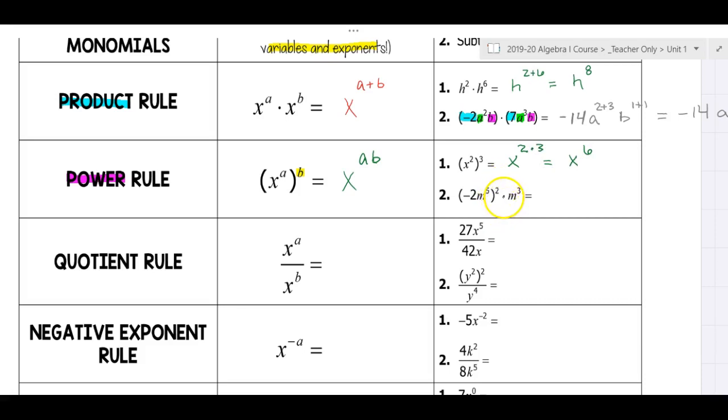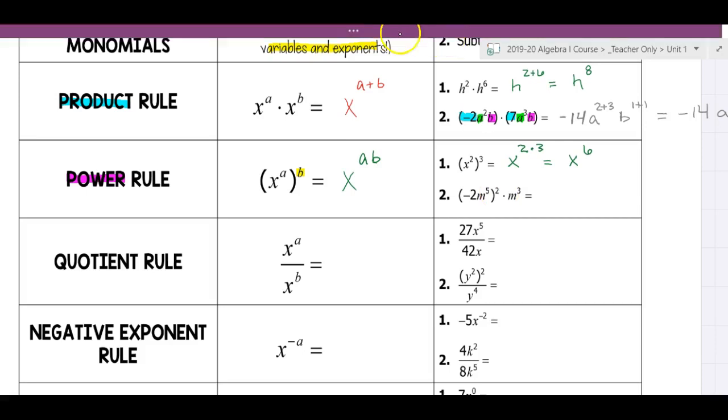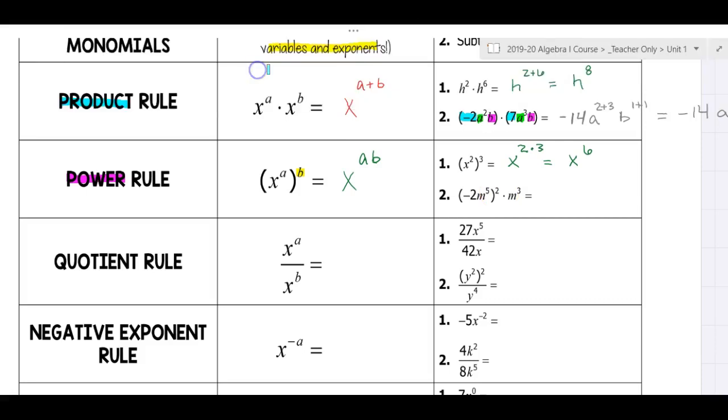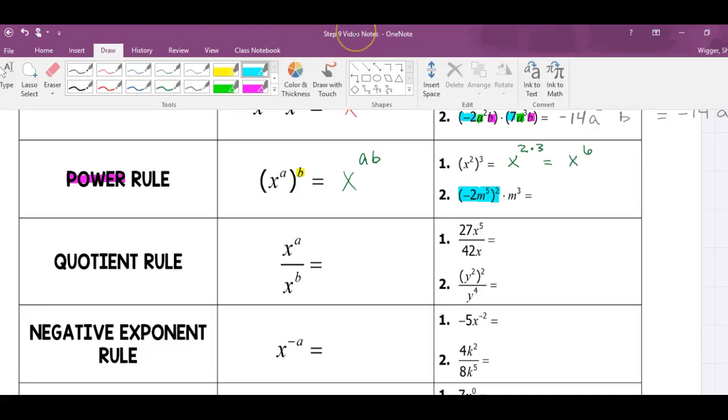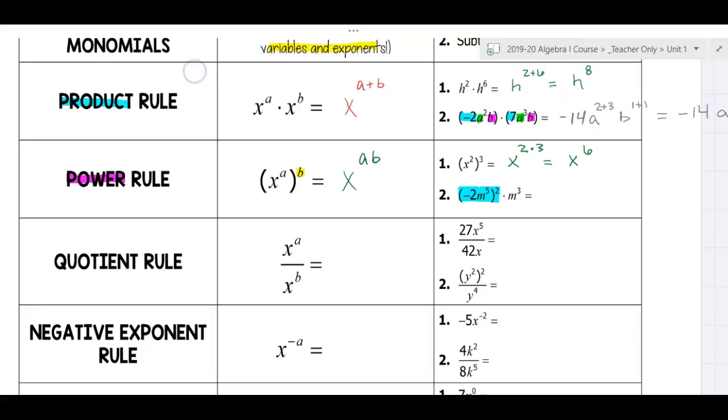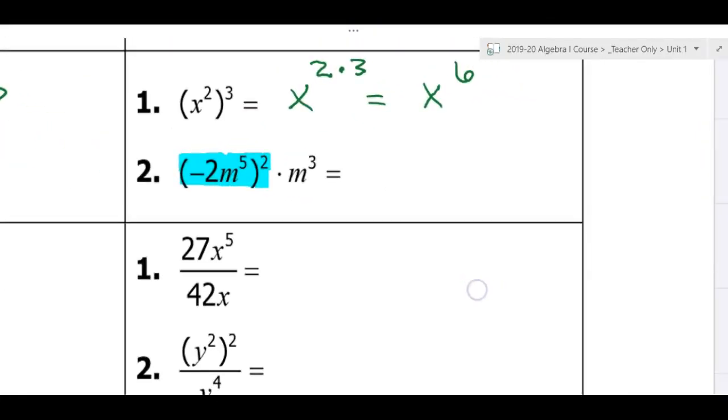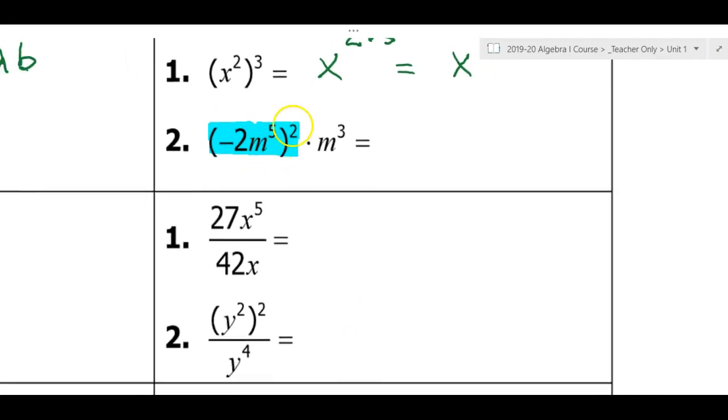Following an order of operations, I need to simplify the exponent before multiplying by m cubed. So I'm going to bring the exponent in to the one term.